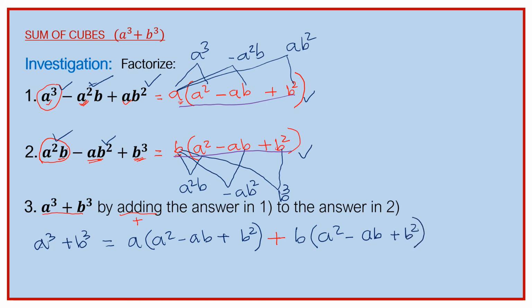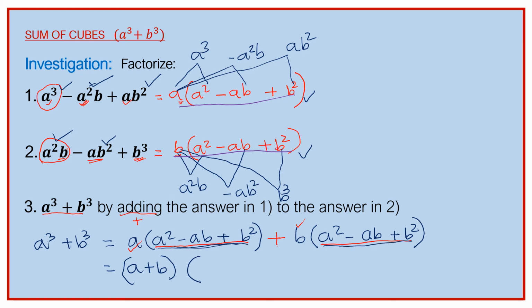Okay? Now you can see that actually this one is the same as this one. Okay? So once we add them together, we will simply get this a plus this b. So I get a plus b into this one. Remember, this one is the same as this one.